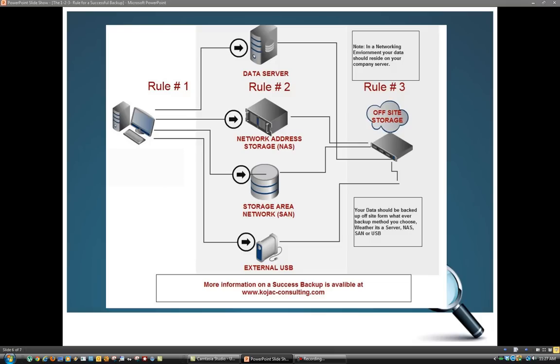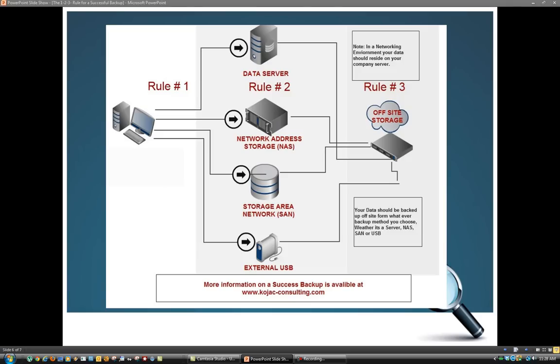These solutions depend on how much space you have, your backup requirements, how often you need to back up, and in some industries there are compliance regulations, so be careful during your planning process for rule number 2.